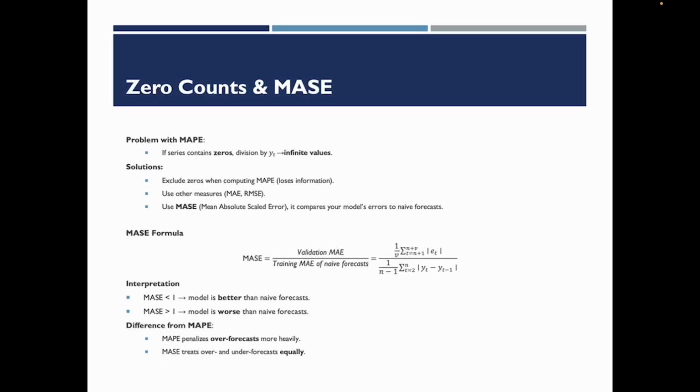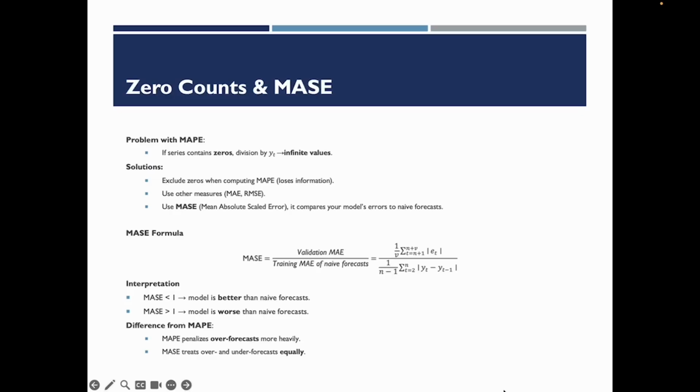But there is another direct solution, which is the mean absolute scaled error, MASE, which is a scaled version of MAE that compares the model's average error on the validation set to the average error of the naive forecast on the training set. So the validation MAE divided by the training MAE of the naive forecasts.